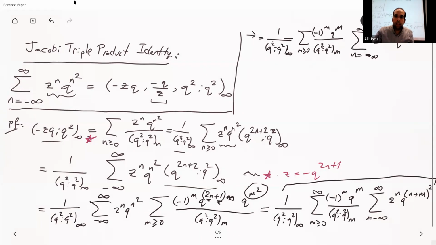So why not add this plus m, just artificially? So to keep things fair, I will need a minus m outside. Is that okay? Well, great. Then this inner portion became a new k from -infinity to infinity, z to the k, q to the k to the power 2.